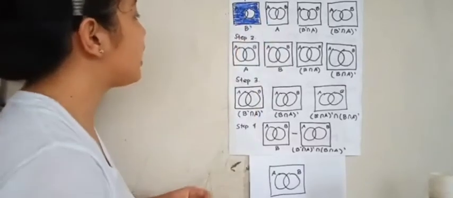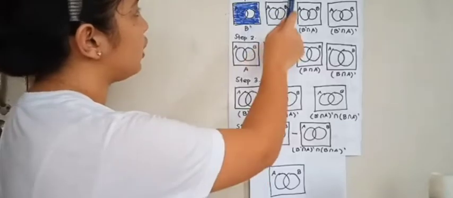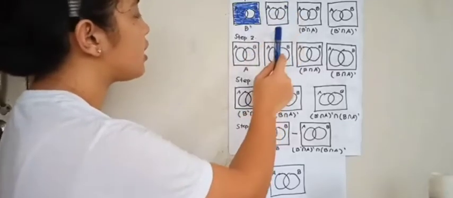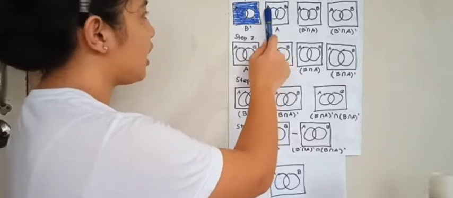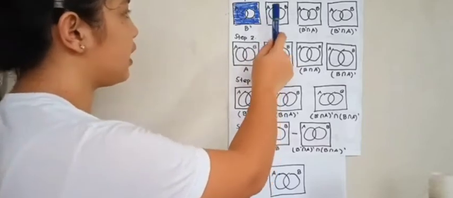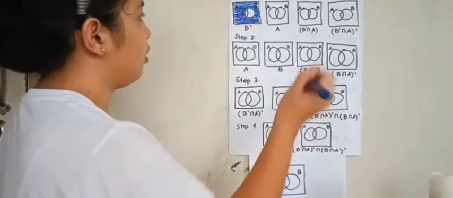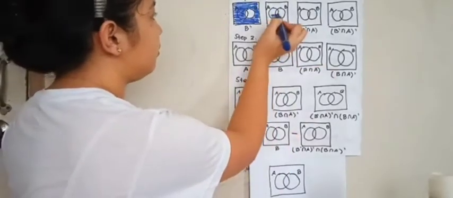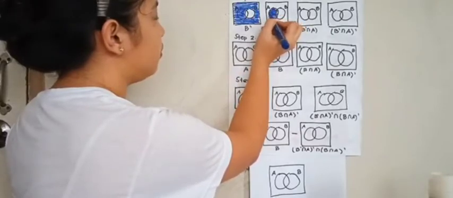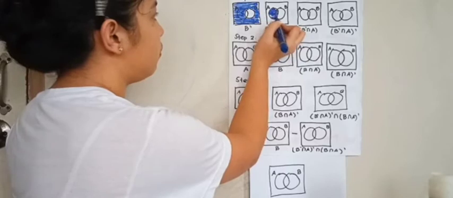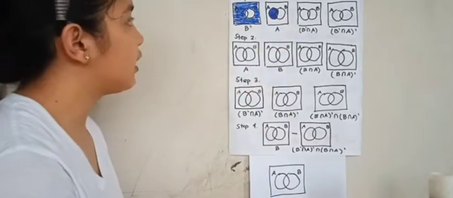Alright, it looks like this. So B complement. Next, we need to shade set A. So set A, we need to shade everything in circle A. So here, we need to shade this. So let's shade. Like that.